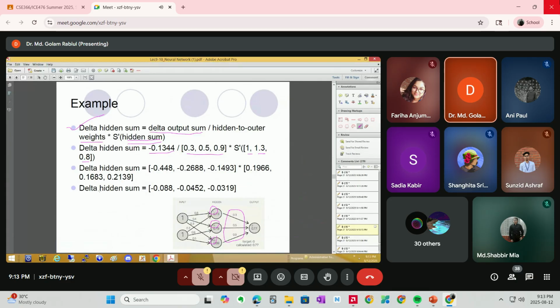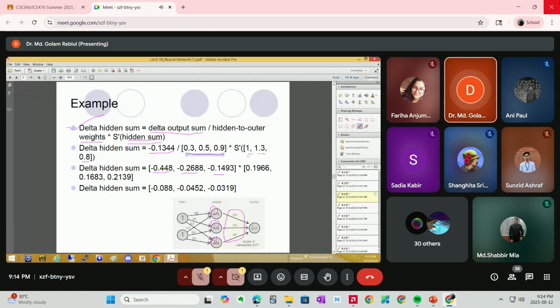Now we can see that 0.13 divided by 0.3, we will get this one. 0.13 divided by 0.5, we will get this one. And 0.13 divided by 0.9, we will get this. And then the derivative of the sigmoid of 1, the derivative of the sigmoid of 1.3, and the derivative of the sigmoid of 0.8, we need to determine.